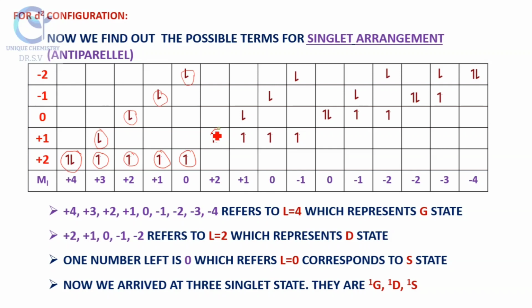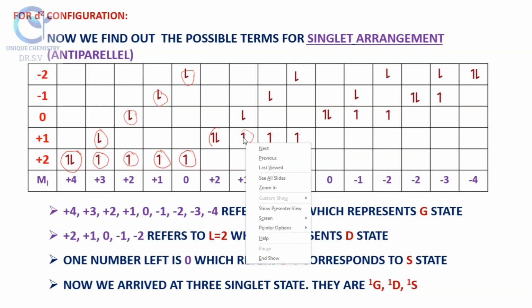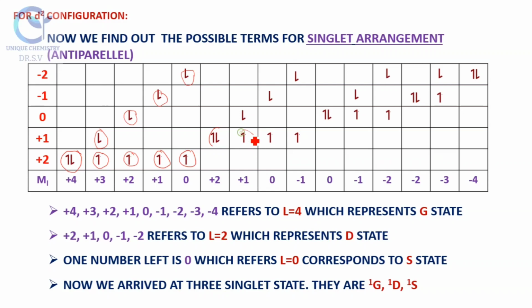Next we start from the plus 1 level with anti-parallel spins. Keeping the first electron in the plus 1 level, the next electron goes to 0, then to minus 1, and then to the next level.